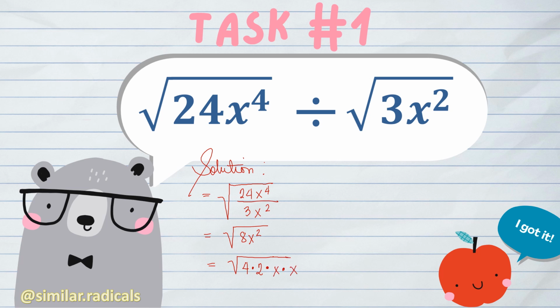Of course we can simplify: square root of 4 is 2, and square root of x squared is x. So definitely we're gonna have 2x square root of 2. So for our final answer, we have 2x square root of 2. Again, it will be 2x square root of 2.